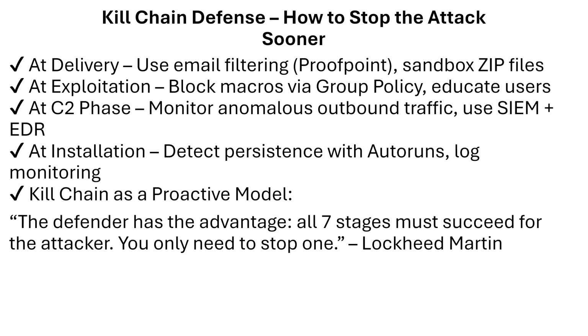In the C2 stage, monitoring for unusual outbound network traffic to unknown domains could have revealed the reverse shell connection. By breaking the chain at any point, we could have stopped the attack before major damage occurred.